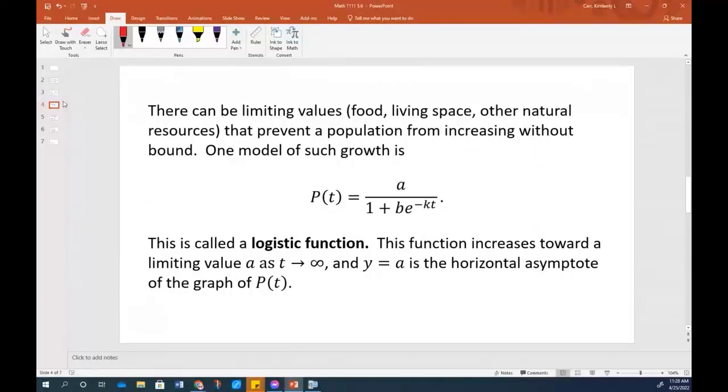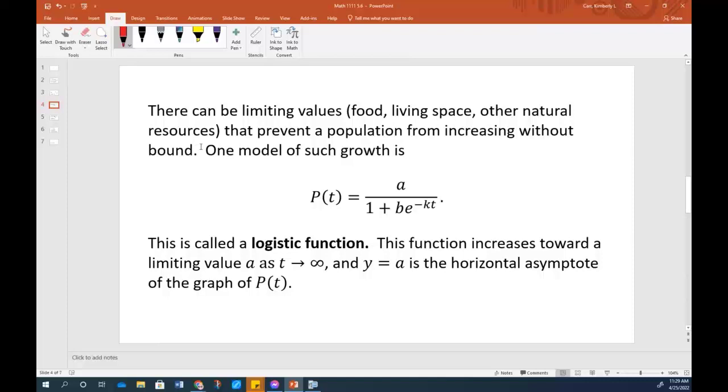But since we don't really have ideal conditions, I mentioned earlier that we can have predators or we have a lack of food or something, and this is true for everything. People try to solve their limiting conditions. You know, like if people feel like they're running out of living space, then they're going to make buildings taller because they're running out of land. Then countries work to increase food production. But not all things have it where they can just solve their limiting value issues.